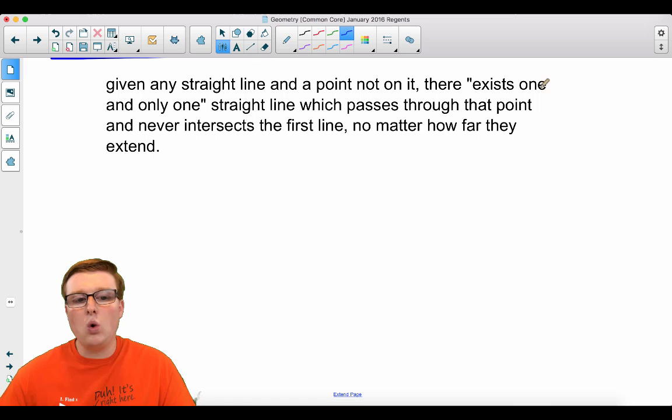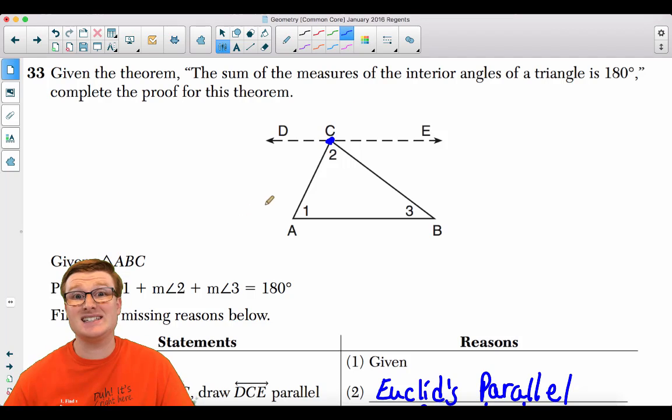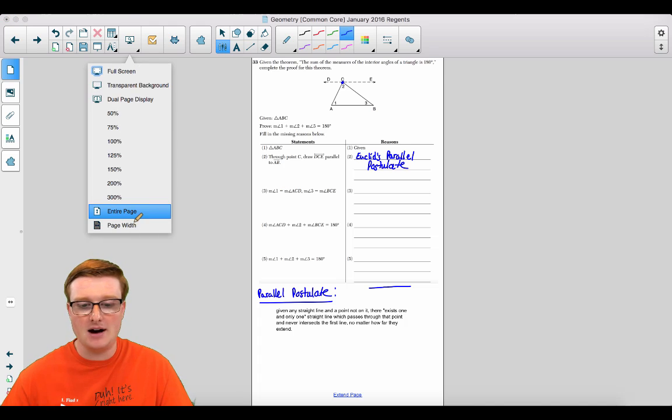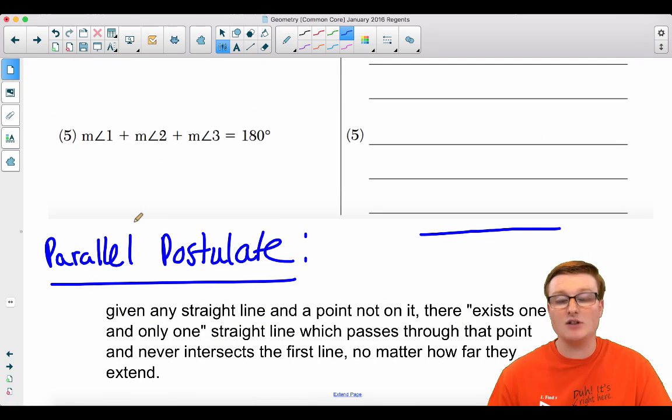There exists one and only one straight line that passes through that point and never intersects the first line no matter how far they extend. So this line DCE is parallel to AB because it passes through point C, and no matter how far they extend, they are always parallel. So that is the parallel postulate. I suggest right now that you pause the video and write this down, but that should be the reason. But to shorten it, we just say Euclid's parallel postulate.